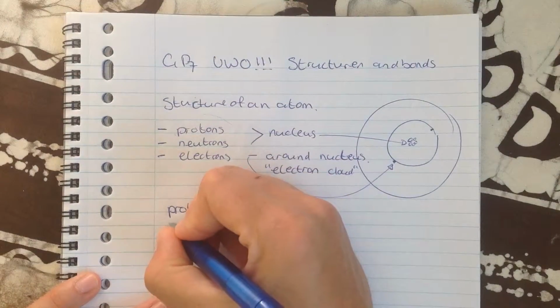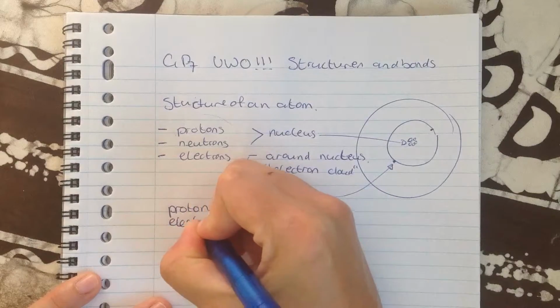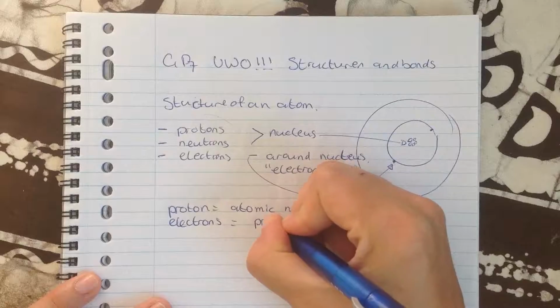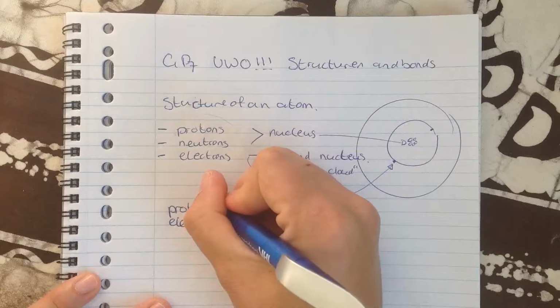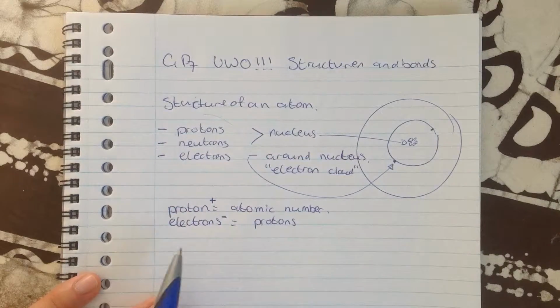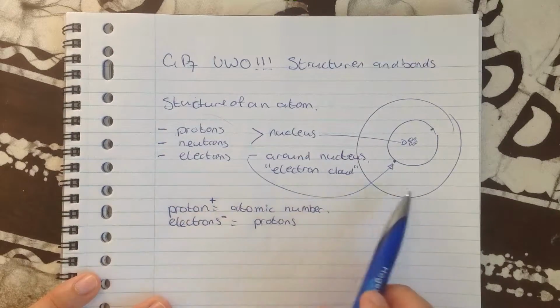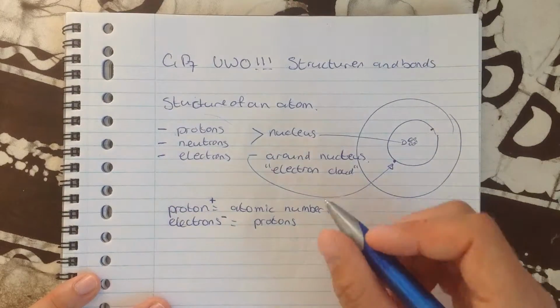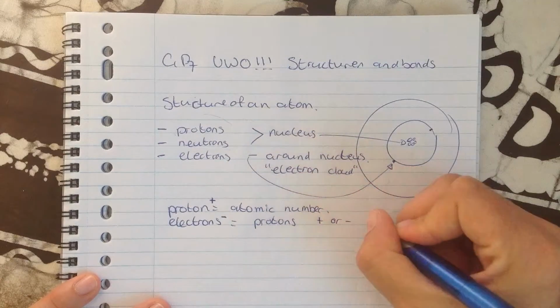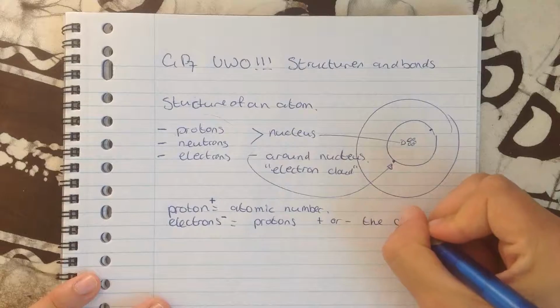So the number of electrons equals the number of protons, since a proton has a positive charge and an electron has a negative charge. The two are equal to balance out the charge. So the number of electrons is equal to protons plus or minus the charge.